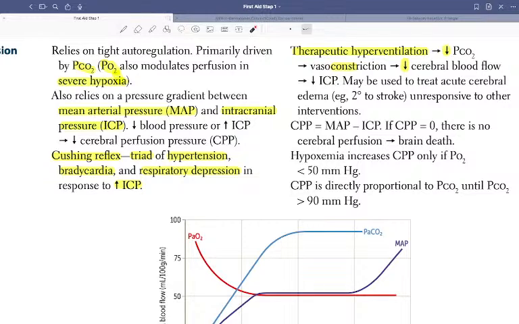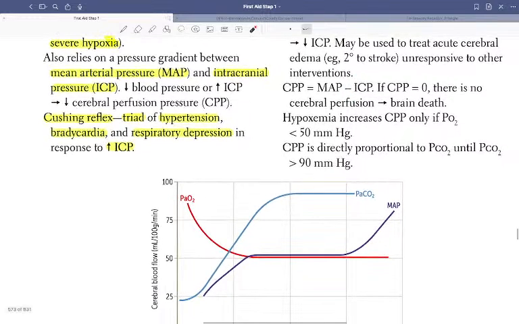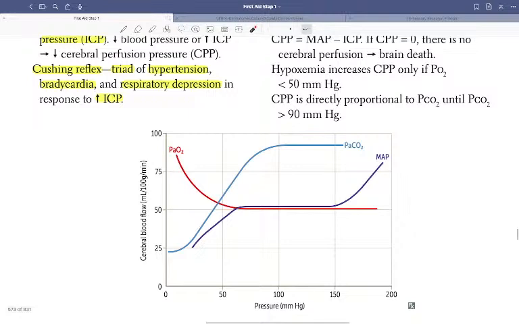Okay, so basically what they're trying to say is a decrease in partial pressure of carbon dioxide is going to decrease the ICP. So directly proportional means it goes on decreasing, until the PCO2 is more than 90. Now look at this.